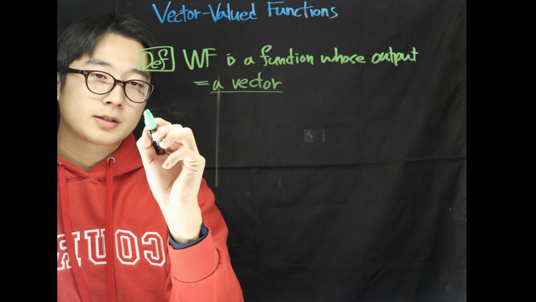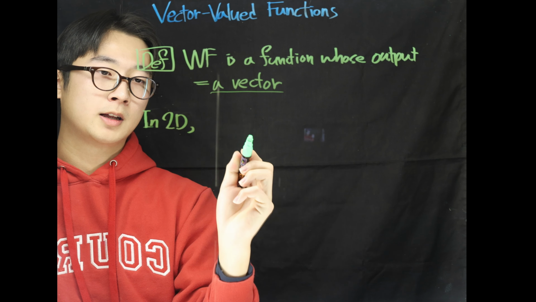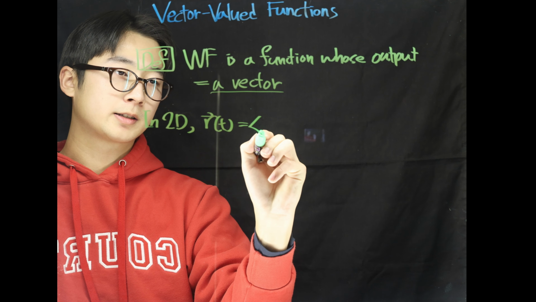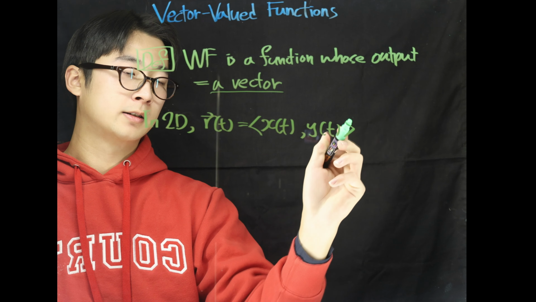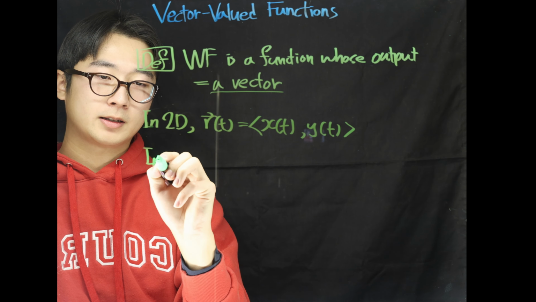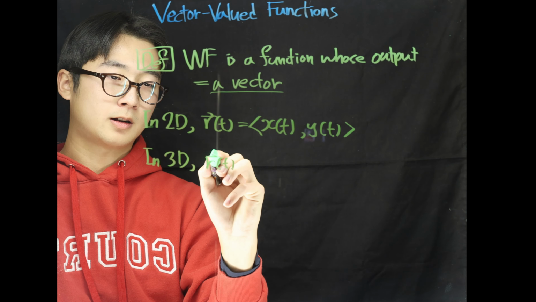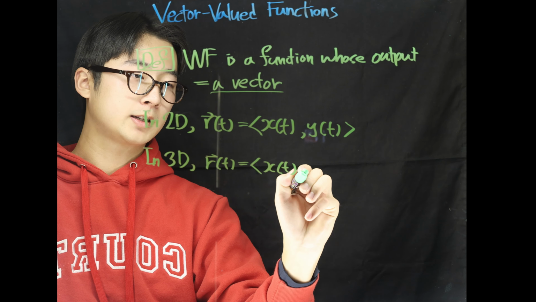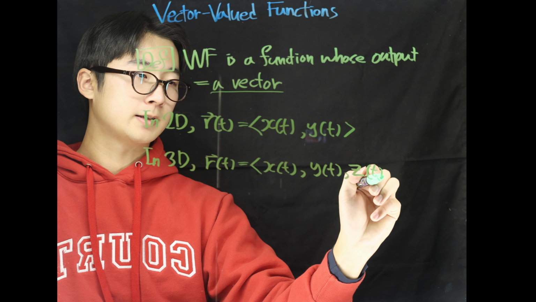In 2 dimensions, a vector-valued function r of t is x of t, y of t. In 3D, r of t is x of t, y of t, and z of t.